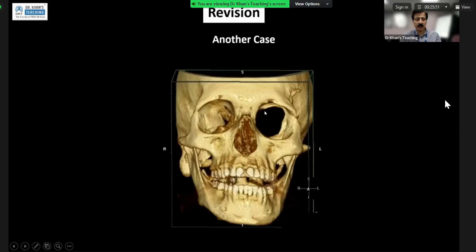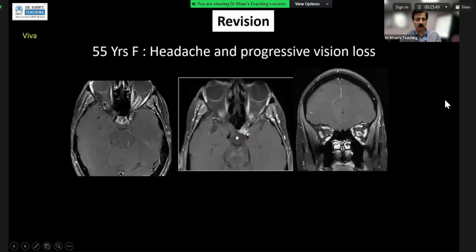It is absent like this. So these cases we have done. And then optic nerve sheath meningioma, which gives you this tram track appearance and enhancement. Now, if you look carefully on this case, we have done this in CNS.